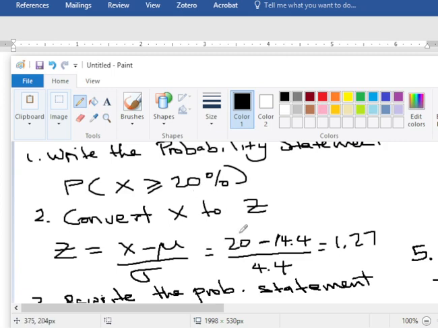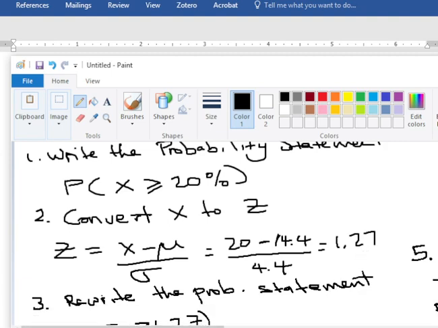So let's take our 20, subtract the mean, the average value, divide by the standard deviation to get 1.27. And we use 2 decimal places because when we use the tables, that's what we have, 2 decimal places. So we have to be consistent with that, okay? Round to 2 decimal places, do this on your calculator, and then round to 2 decimal places.